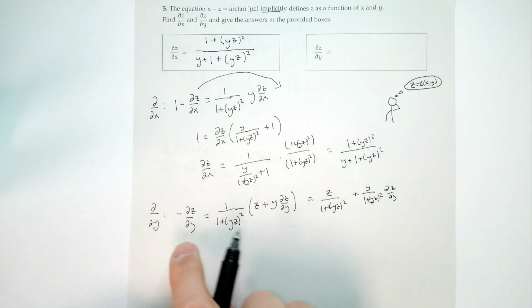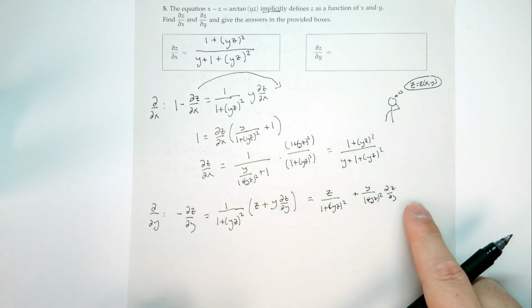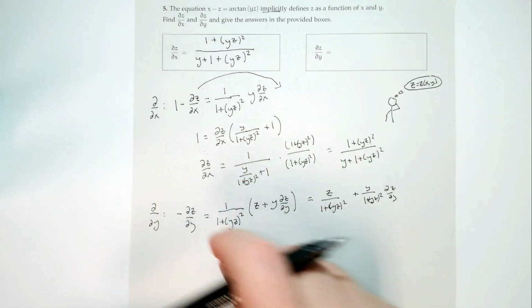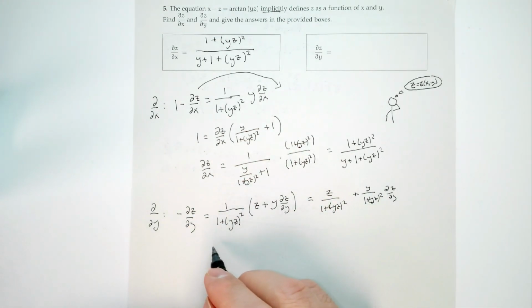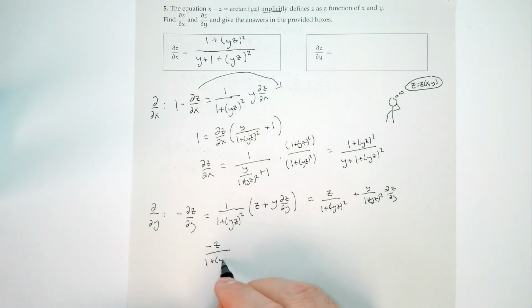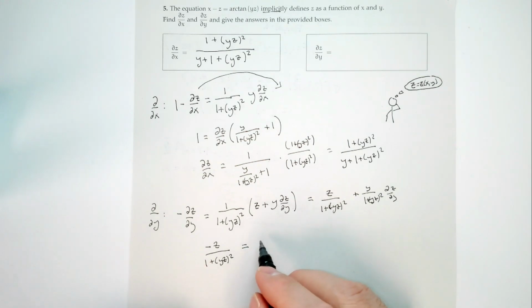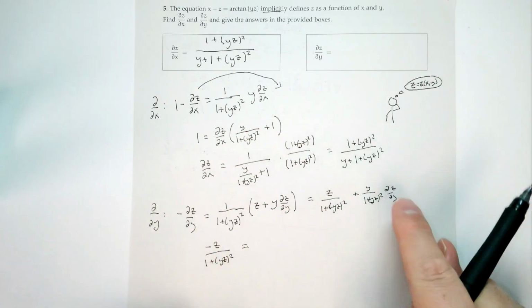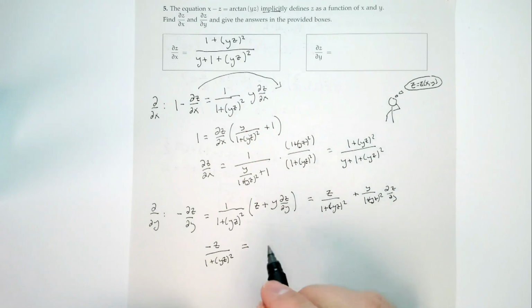partial y. Now we'll do the same thing we did before. We'll move that term across. We'll also move that term across. So, rearranging, we get minus z divided by 1 plus yz squared is equal to, and now when I move this across, both terms have a partial z partial y, so that can be factored out.